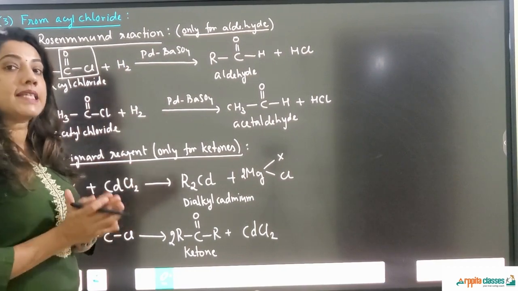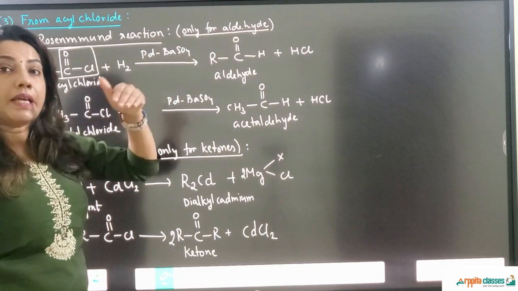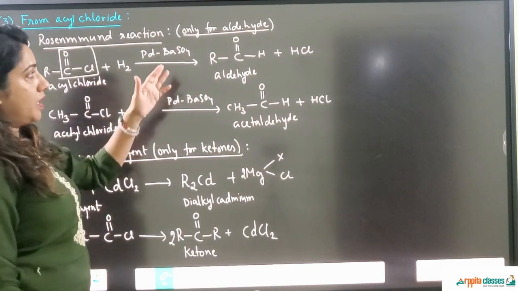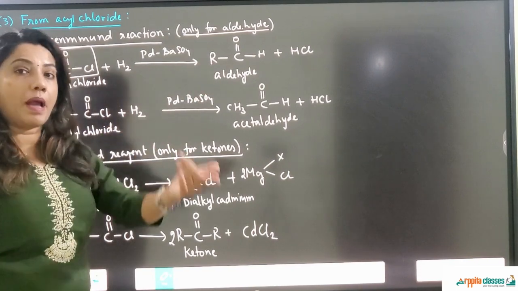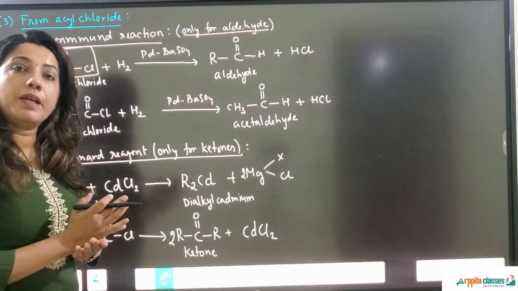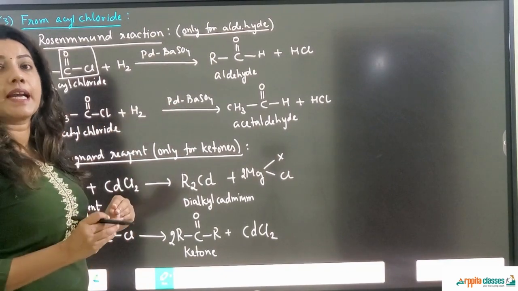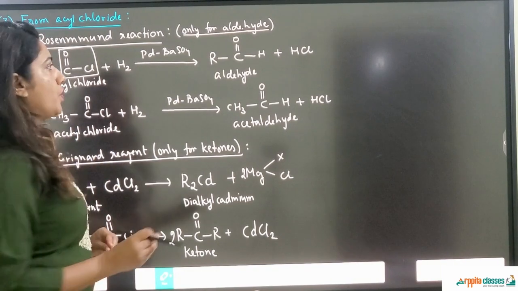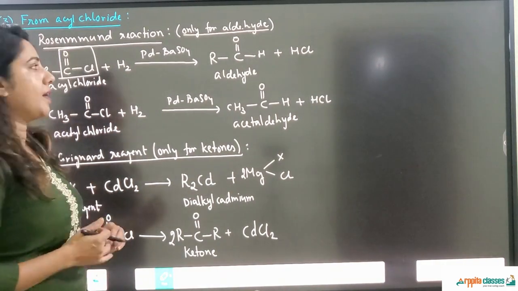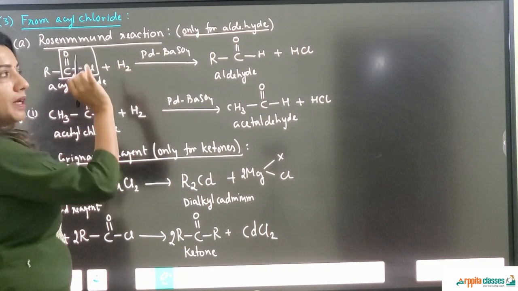It will act as a catalyst poison because otherwise this will reduce to primary alcohol. We know that aldehyde reduces to primary alcohol. To stop that conversion, because we want to stop the reaction at the aldehyde level, we are using BaSO4, which acts as a catalyst poison. It will not allow the aldehyde to further reduce into primary alcohol. So we are taking acyl chloride and hydrogenation in presence of Pd/BaSO4.